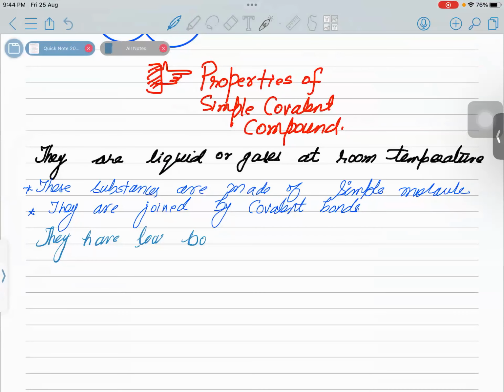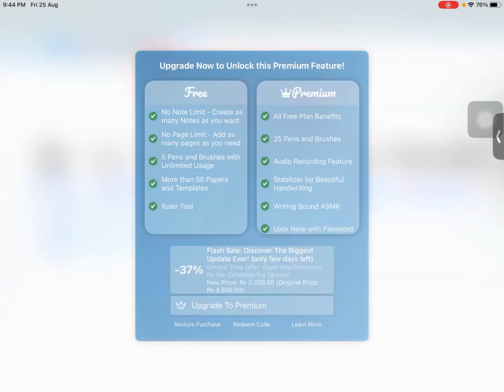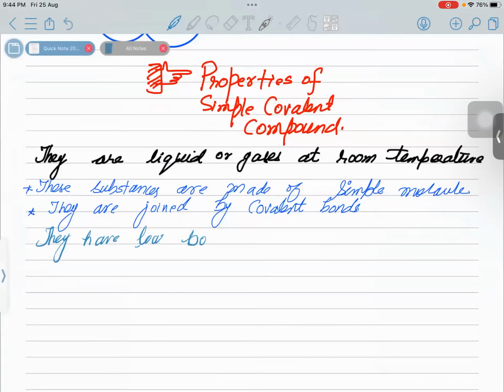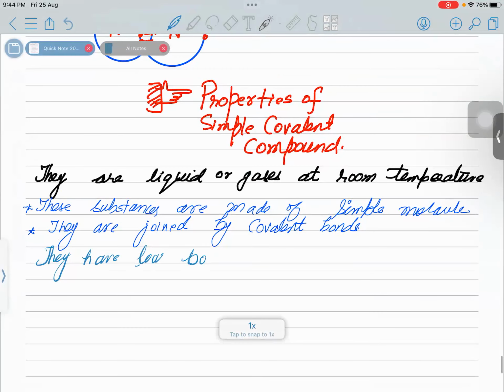I think I am unable to write on that page. Okay. So, right, they have low boiling and melting point.